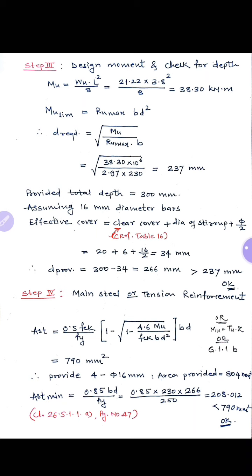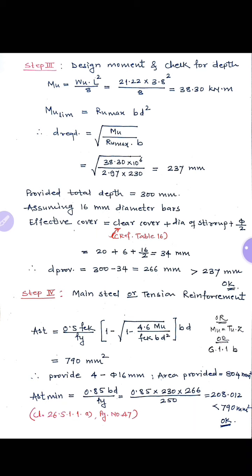Now we have to check for depth, and this is based on moment of resistance concept. Moment of resistance is equal to, basically, Cu into Zu, but since we have converted this into design constant, Mu limited is equal to Ru max B d square.